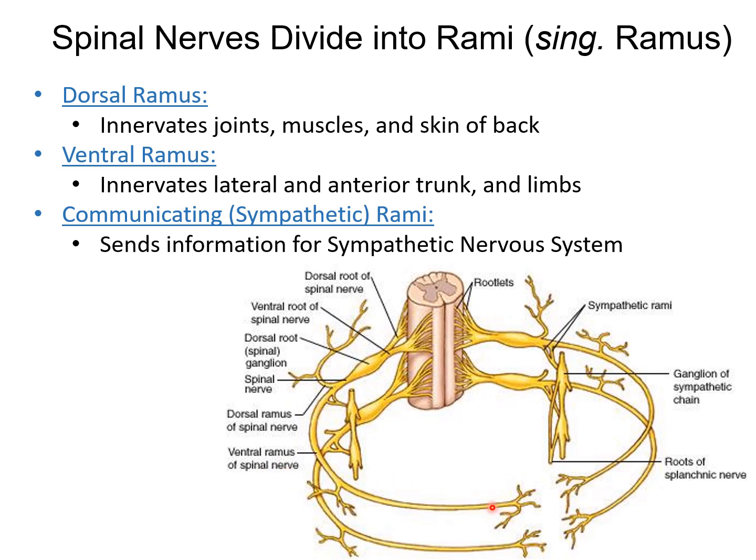Furthermore, the spinal nerve, depending on where you're looking in the spinal cord, can also divide or send axons, branches of the spinal nerve, along something called communicating or sympathetic rami. Rami for plural, ramus for singular.